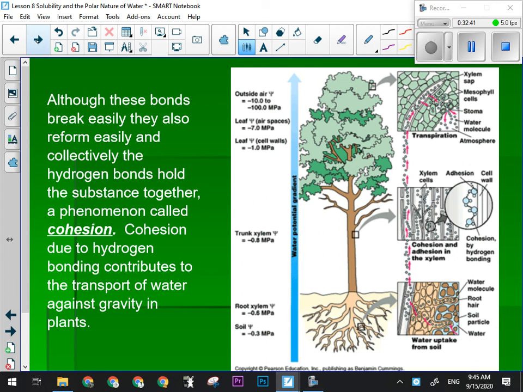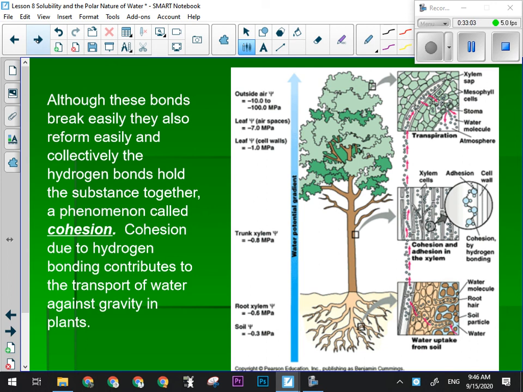What they use is the properties of water to do it. As water evaporates out of the leaves into a vaporous form, it's hydrogen bonded to liquid water molecules below it.